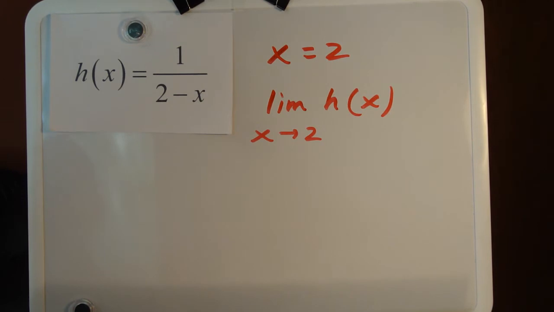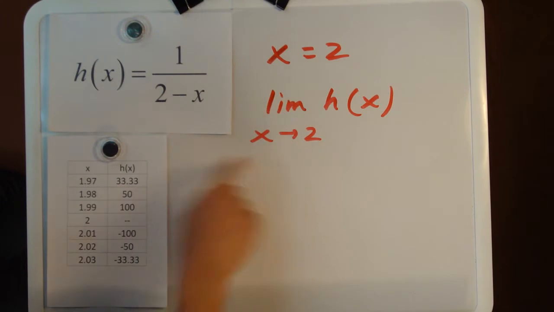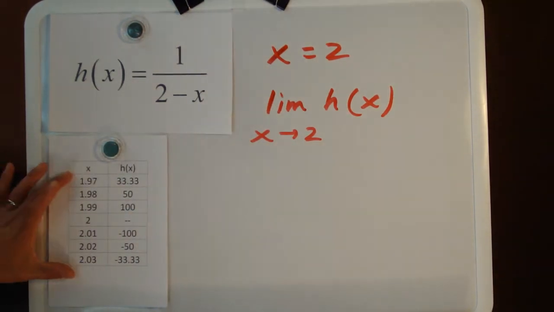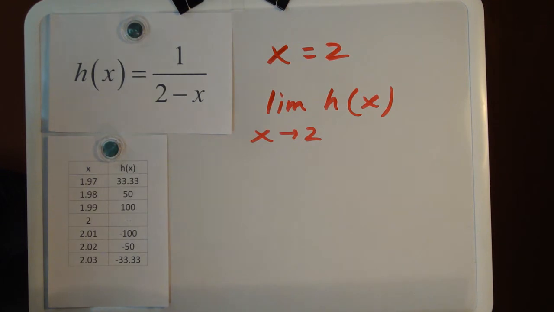So the natural thing we do here, we just go back to our old tools and look at something like a table just to see what's happening. So we'll look at a couple of tables here, right? So we want to see what's happening near x equals 2. So if you look at this table, as we've seen before, we're looking on the right-hand side of 2 and also on the left-hand side of 2, and you can see some very, very different behavior here.